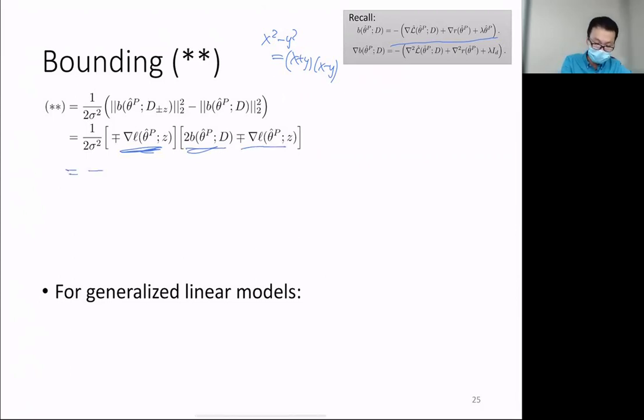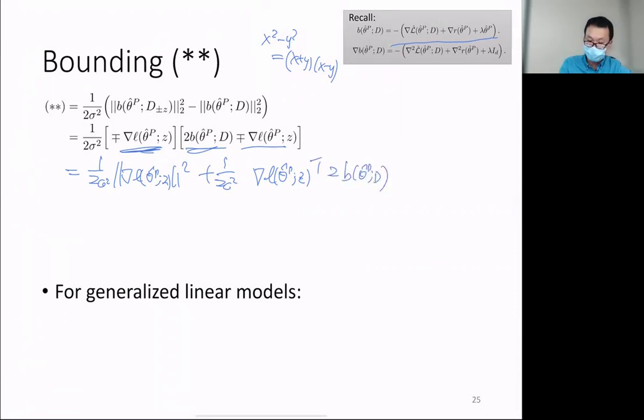And then this can be decomposed into the norm of theta hat p squared plus an inner product of this individual gradient transpose with 2 times this b vector.